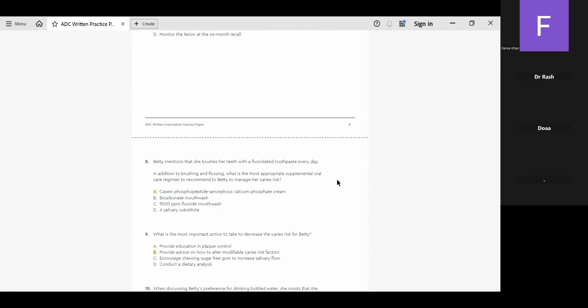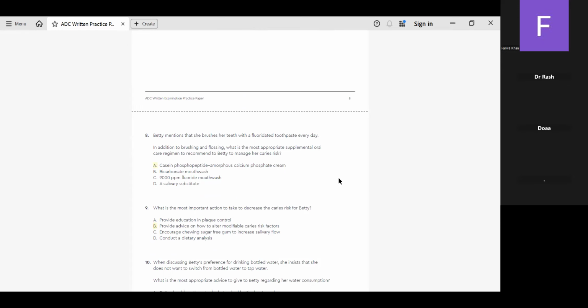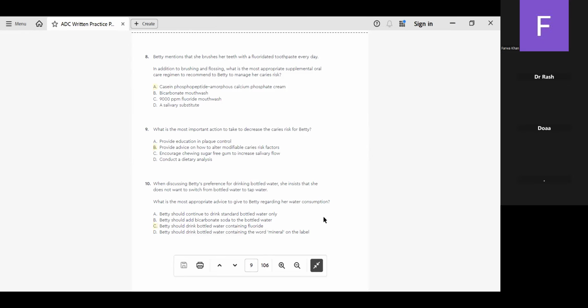All right. What is the most important action to take to decrease the caries risk for Betty? Provide advice on how to alter modifiable caries risk factors. Regarding the bottled water intake that she has, Betty should drink bottled water containing fluoride.